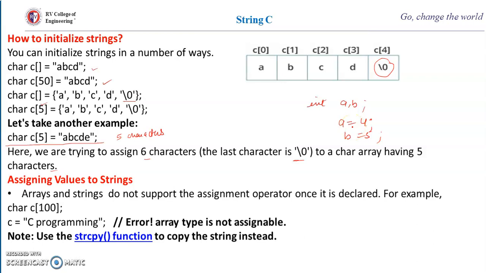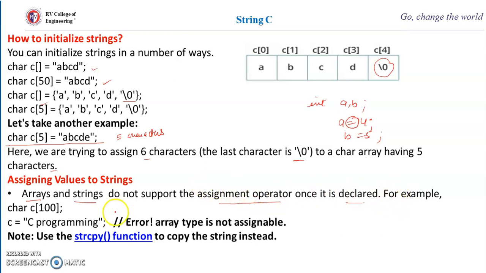Like that we can assign a value using the assignment operator. So this equal to is an assignment operator. But arrays and strings don't support the assignment operator once declared. After declaring the array and string, we cannot use the assignment operator.